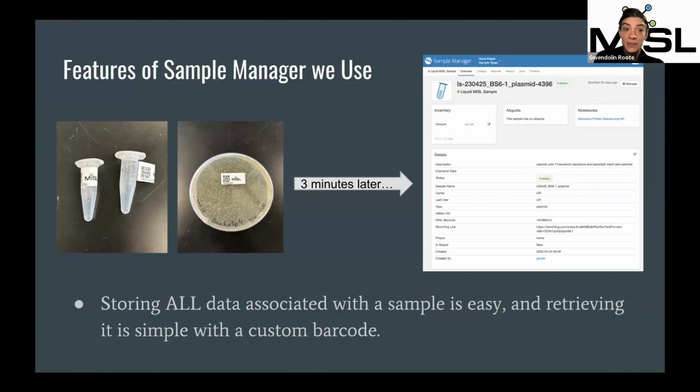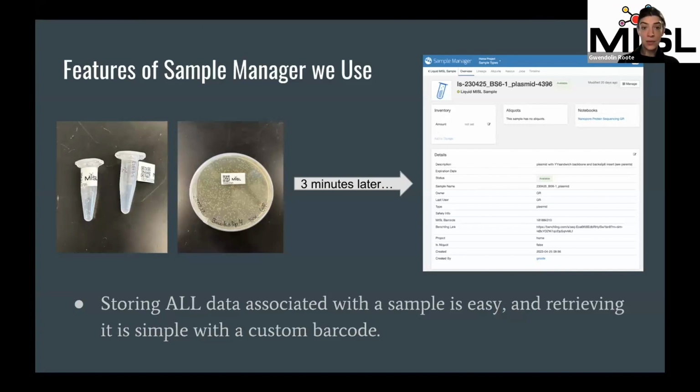With Sample Manager, all of the information that we expect our researchers to include for any given sample is laid out really easily on our sample type. So one of our sample types in Sample Manager is a liquid MISL sample. These can be pretty flexible, but the most important thing about it for me is that it has a barcode associated with it.